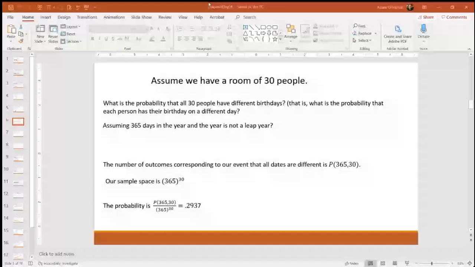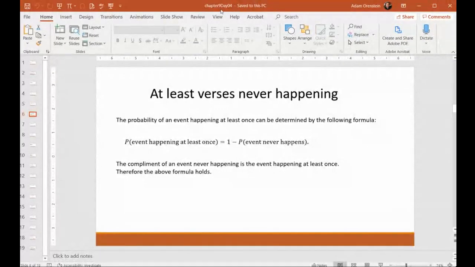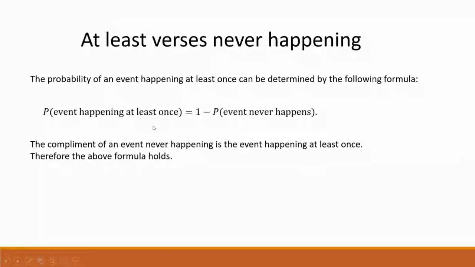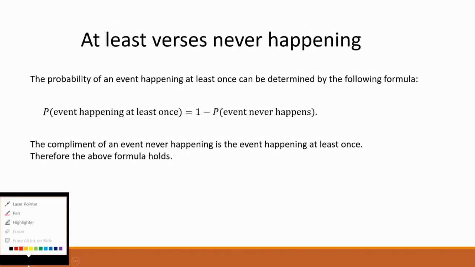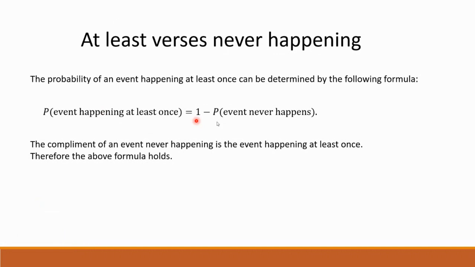Namely, the probability of an event happening at least once is related to the probability that the event never happens by this formula. It turns out, as I wrote there, those two events are complements of each other. Remember how if you have an event and its complement, the probability of the event plus the probability of its complement is 1. From there, you can get this kind of formula. Basically, the complement of something happening at least once is that it never happens.